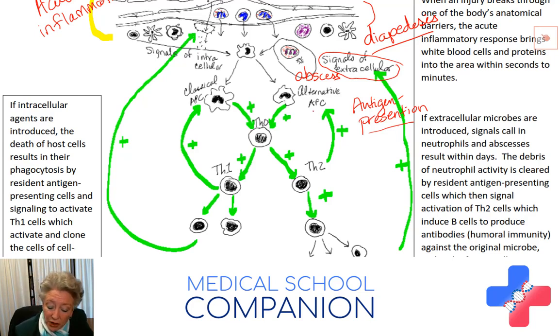Now, my abbreviation here, APC, is going to refer to that category of phagocyte, which is usually going to be a resident cell. I could also refer to these as sentinels in my body because they are observing and communicating when there is something that has gotten into your tissues.